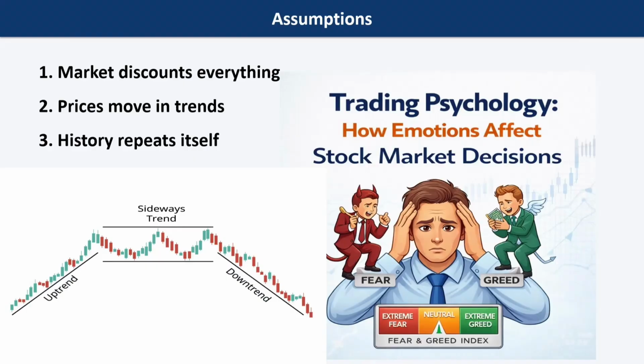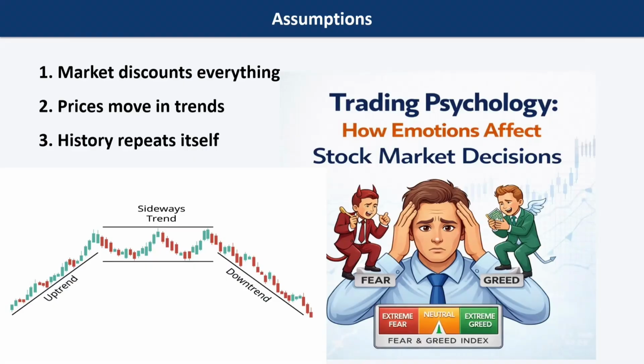Therefore, technical analysis believes that prices already reflect all publicly available information. Here you can understand that all available information, that means the company news, profits, government policies, and investors' expectations, is already reflected in the stock prices. So therefore, we can say that market discounts everything.